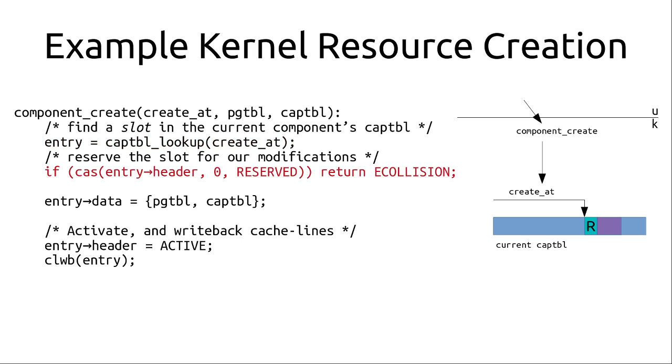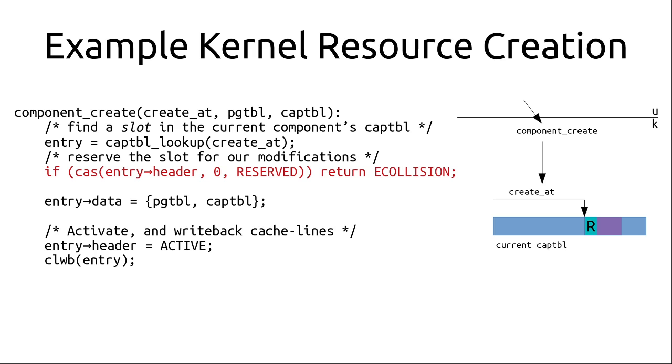So while that slot has reserved as its header, it cannot be used by another node for anything. It cannot be accessed by another node. Now, it could be loaded from, of course, there's nothing to stop that, but the kernel's logic will prevent it from being modified or used in any useful way.